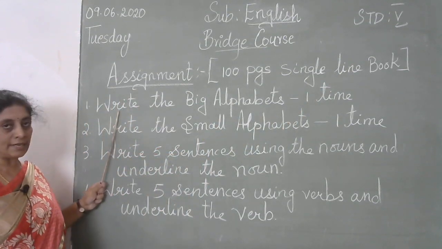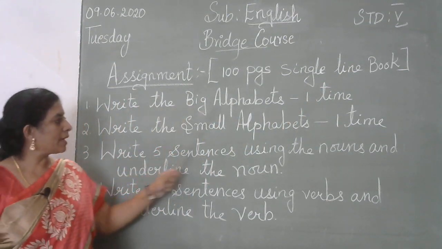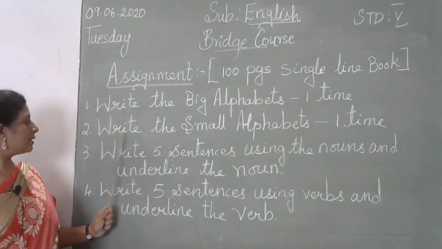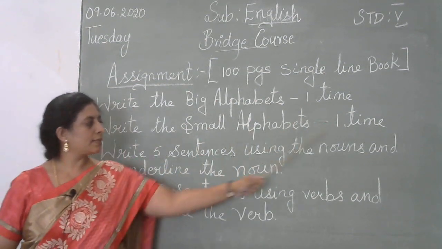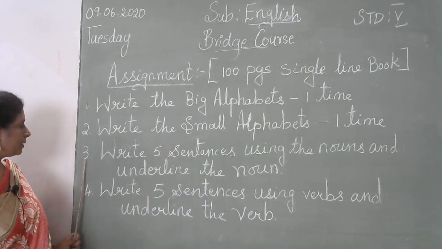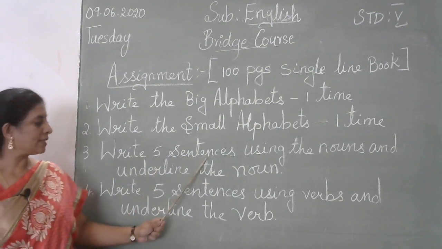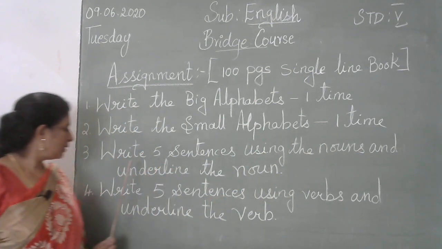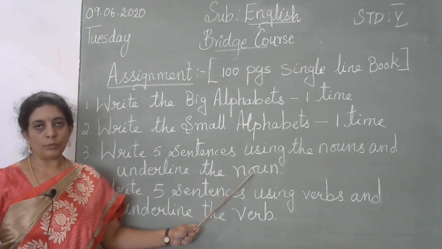So the first assignment is write the big alphabets one time. Second one is write the small alphabets one time. Both are from A to Z. Third one is write 5 sentences using nouns and underline the noun.